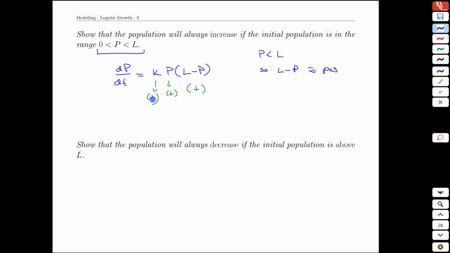If that's the case, then we'd expect our derivative to be positive as well, and that implies population growth. You may see some practice problems where that isn't the case, but that would be the default assumption for a standard logistic model. If we're below the carrying capacity, then we have room to grow, and so we would see population growth.